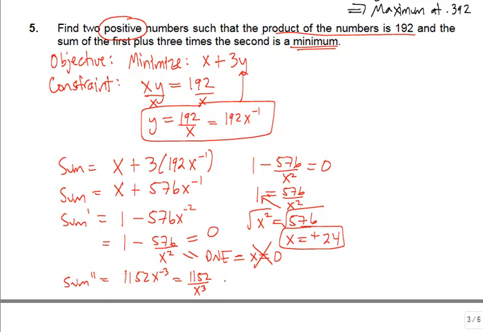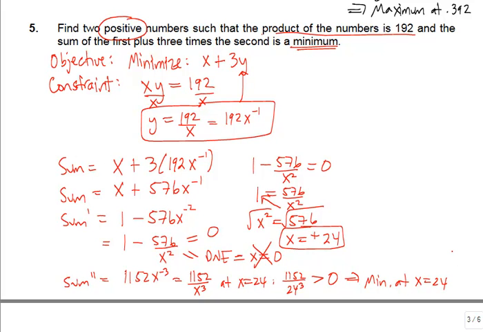So if we plug in 24 into that, we're going to get 1,152 over 24 cubed, which is obviously positive. And if your second derivative is positive, that means you're concave up, which means that you have a minimum. And that's what we wanted. So we have shown that we have a minimum at x equals 24.